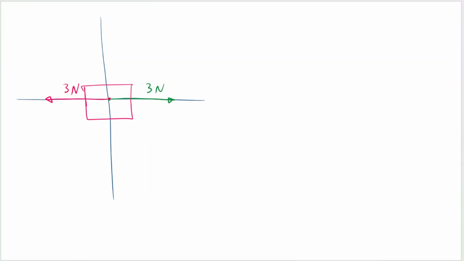So when we add these two forces together, 3 plus 3, it is not equal to 6. Why? Because this 3 is in the direction of the positive x-axis, so it will be positive. This one is in the direction of the negative x-axis, so it will be negative.